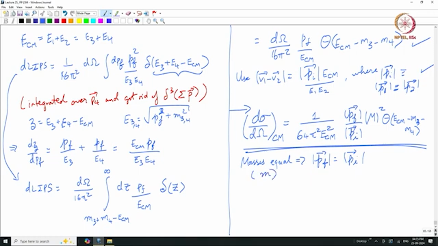Okay. So, that simplifies to the center of momentum cross section is now 1 over again 64 pi squared ECM squared, just m squared. I can of course put the theta function, making sure that ECM is larger than 2m.